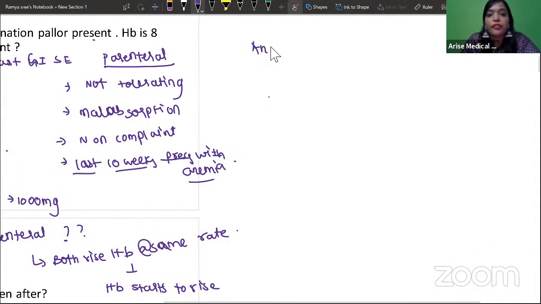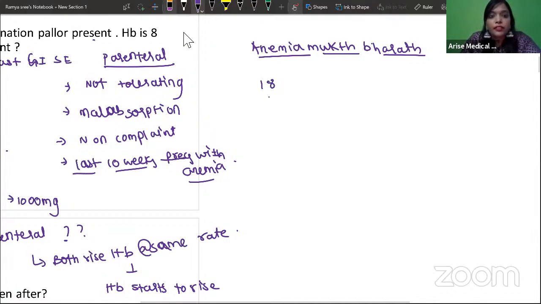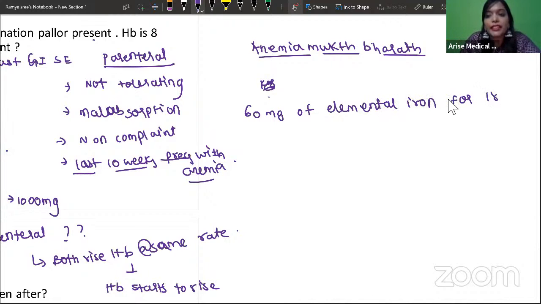So now we are following the Anemia Mukt Bharat. There was a question on Anemia Mukt Bharat. So how much is the dose? 60 milligrams of elemental iron for 180 days in pregnancy.